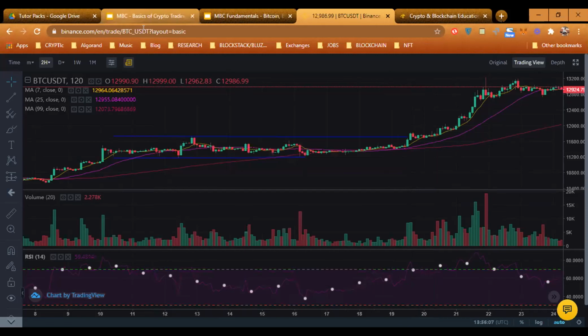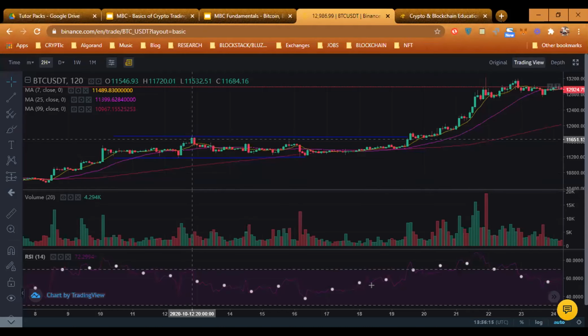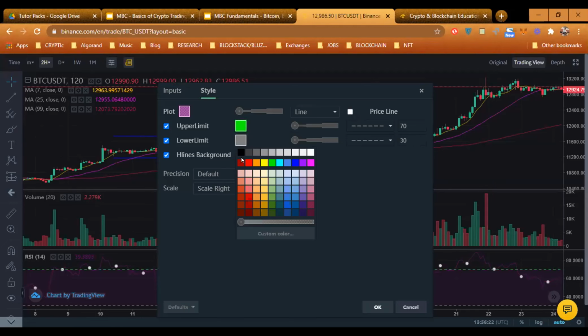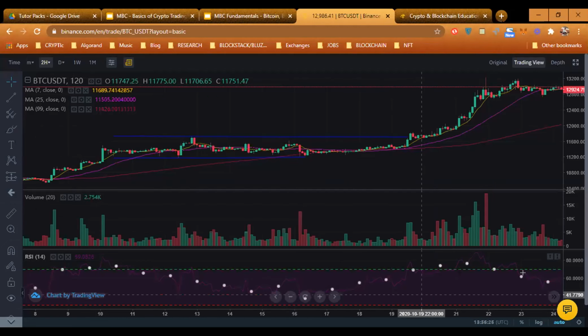Now, here it says that, so I can just make the settings however I want.